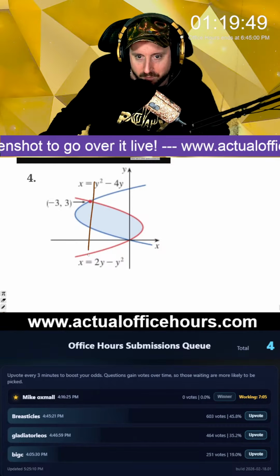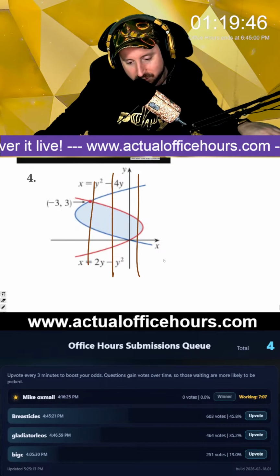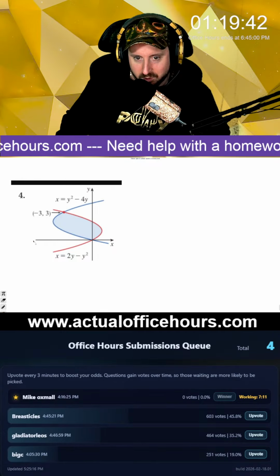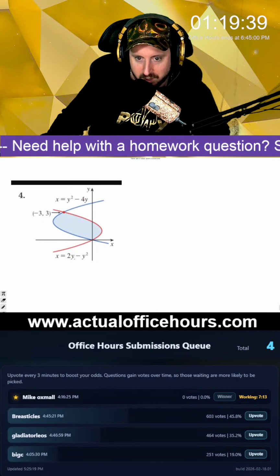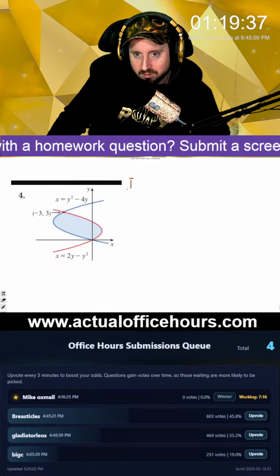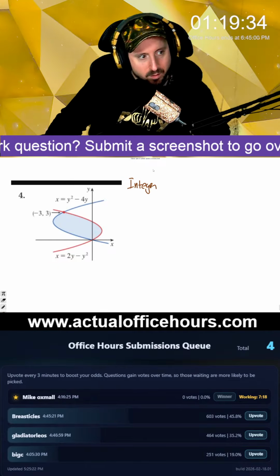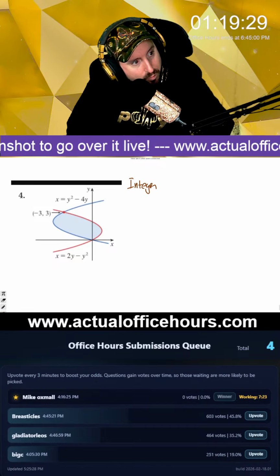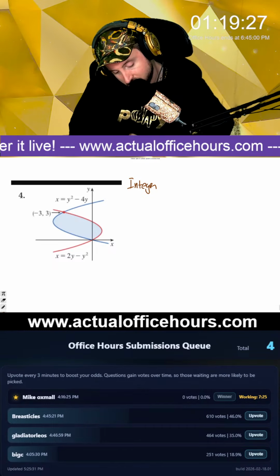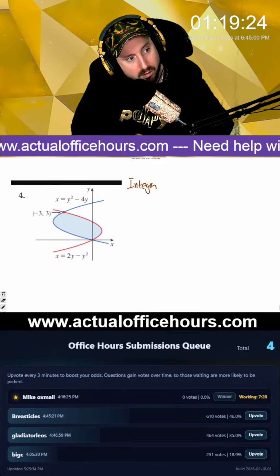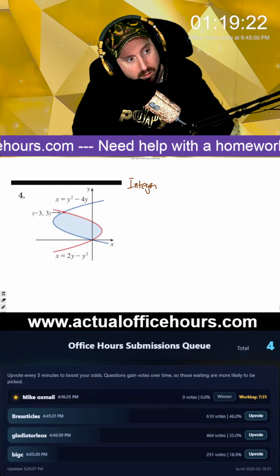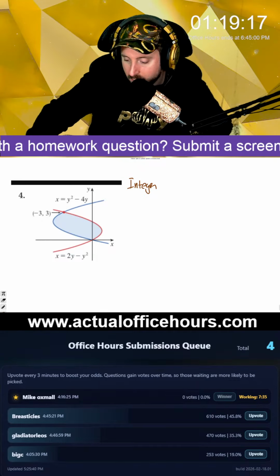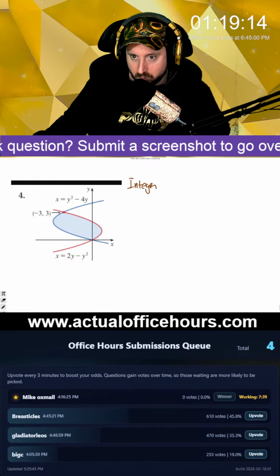It fails the vertical line test horrendously. So in this case, instead of integrating in terms of dx, because these things are not functions, you need to integrate in dy. Let me tag David so he knows I'm doing it. Big C, where's Big C? Okay, so let's integrate in terms of dy.